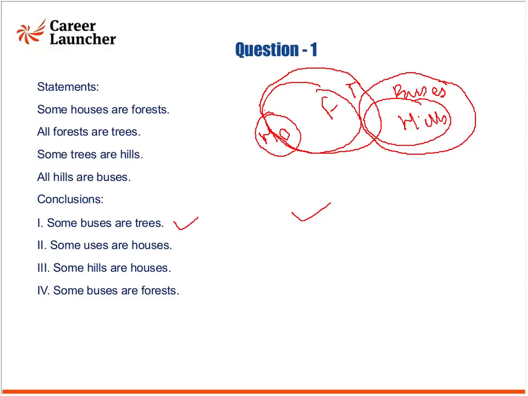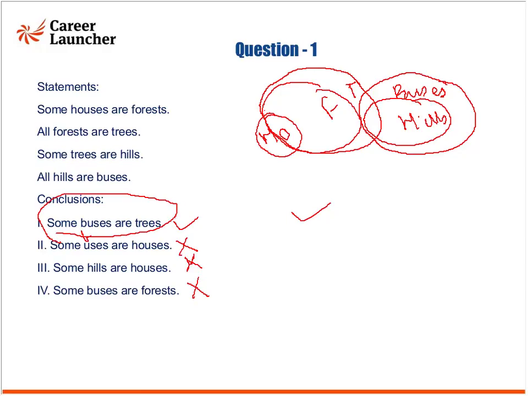No. We have houses here, buses are here, so this does not follow. Some hills are houses. Again, this is not following because we have houses here, hills are here. Some buses are forests. No, they do not meet. So yeah, we can see only conclusion 1 follows. Okay.